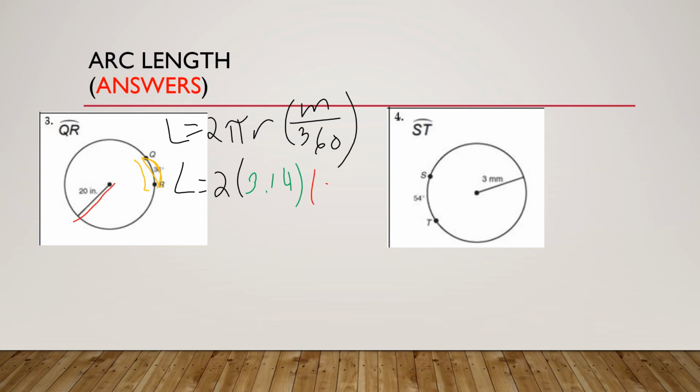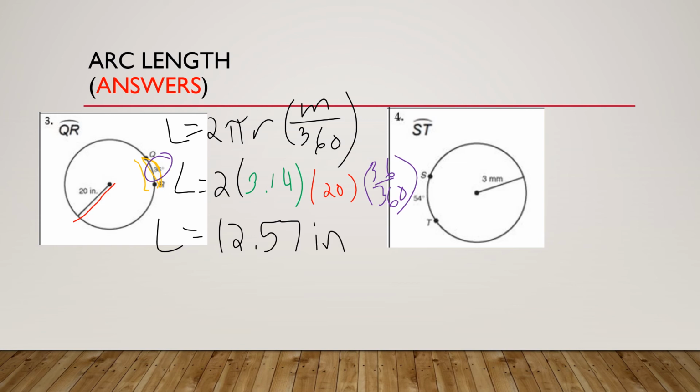Radius of my circle is 20 times my measurement of my arc is 36 divided by 360. And we would put all of those values into our calculator, and we would get 12.57 inches. And since we are measuring length, it would just be inches.